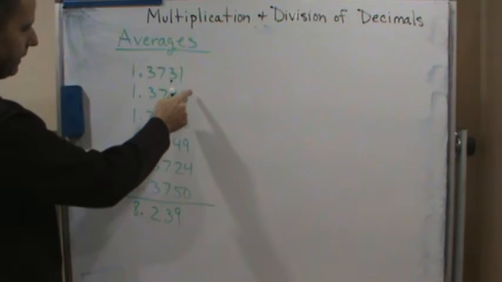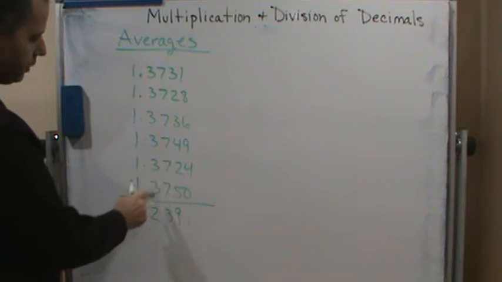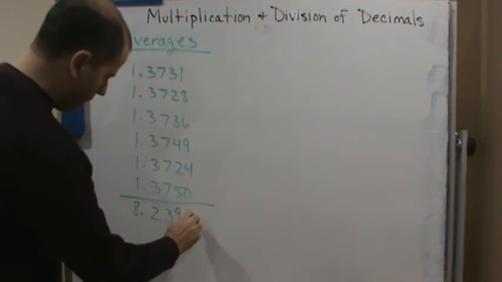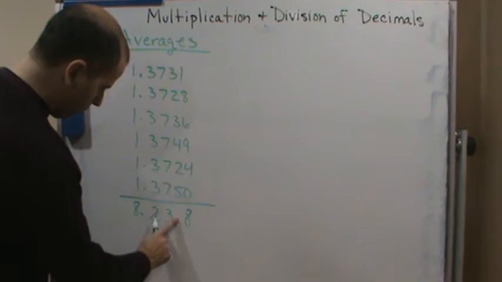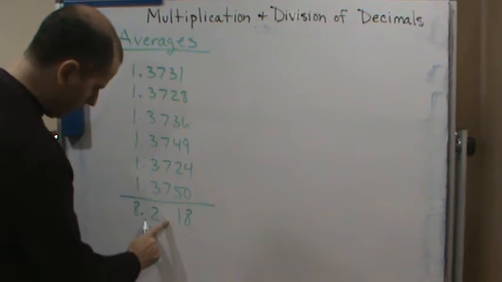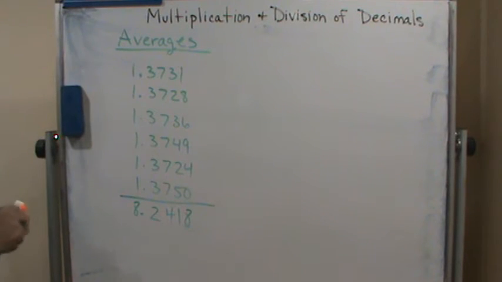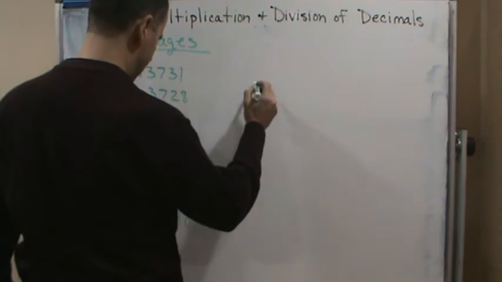And so then we've got 1, 9, 15, 24, 28. So this is going to go to 1, and this is going to go to 4. And so if we add those up, we get 8.2418. And now we're going to take this sum and we're going to divide by 6.